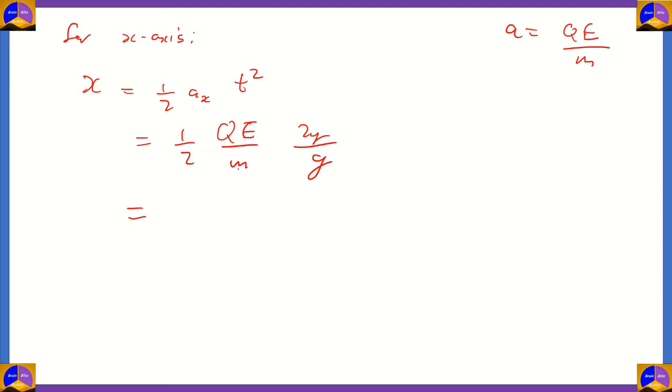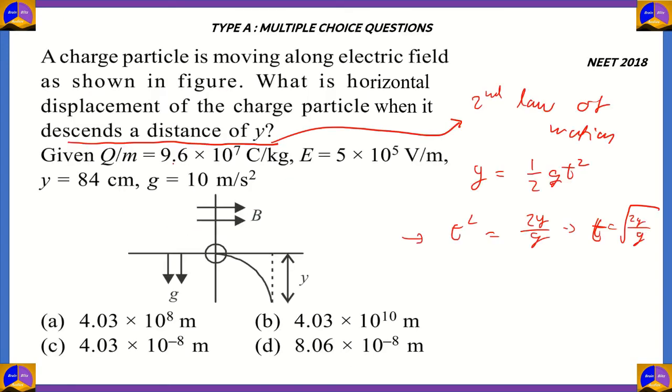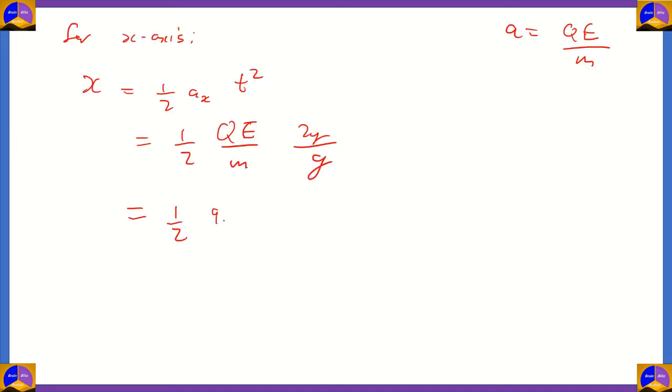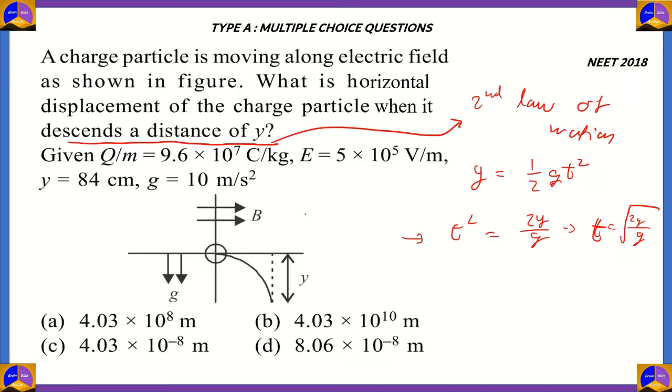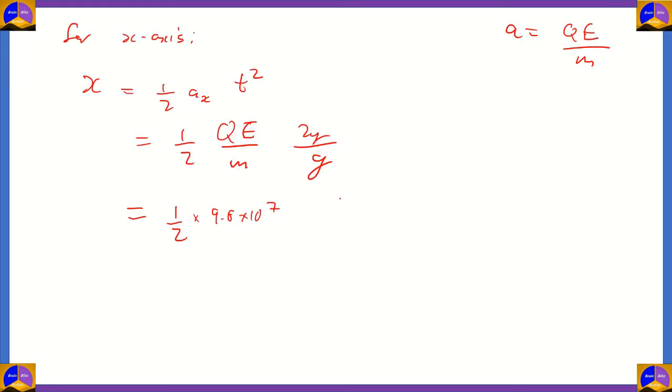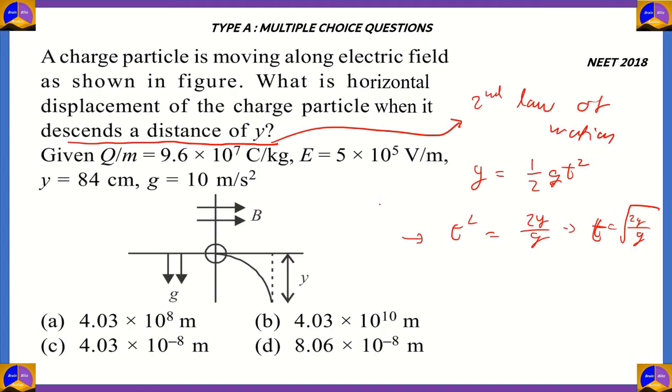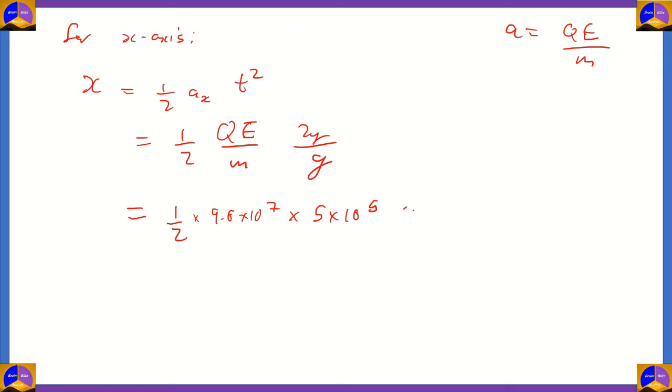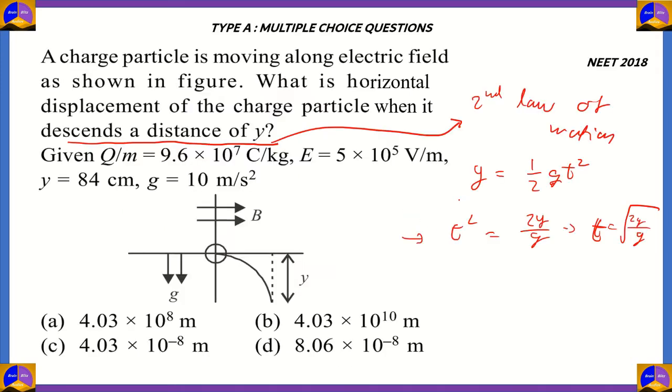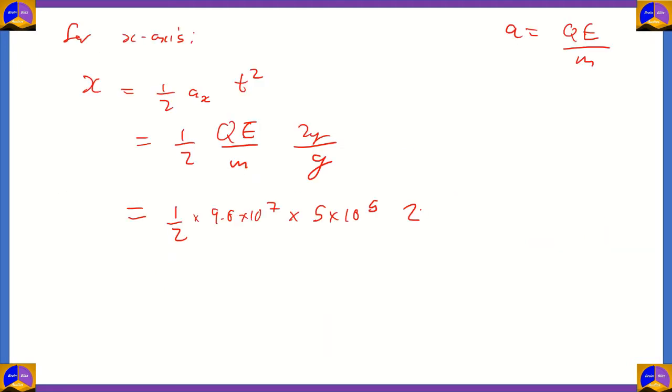So let's plug in the values. Half times q by m is 9.6 into 10 raised to 7. Then you have E, that is 5 into 10 raised to 5. And after that you have 2 times y, the vertical displacement. And we know that the vertical displacement is 84 centimeters, that is given.